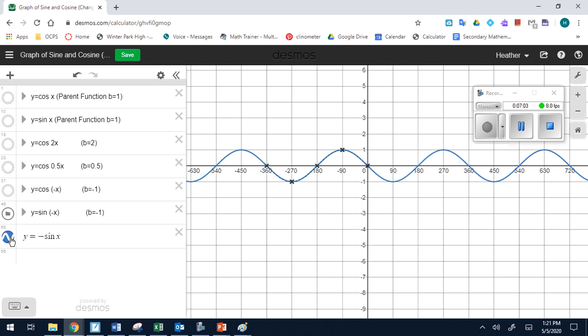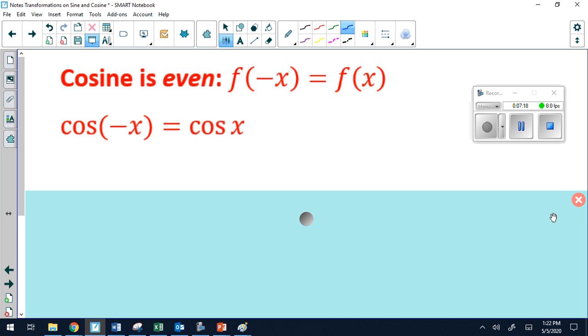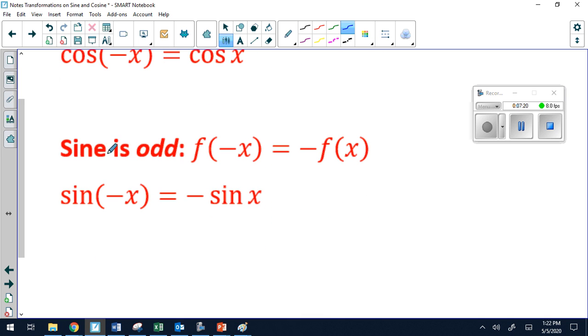But it happens that it's the same as if I reflect across the x-axis. So when I graph with a equals negative 1 or with b equals negative 1, for sine, those are the same. So that leads us to our sine, which is odd. So it has that rotational symmetry about the origin.